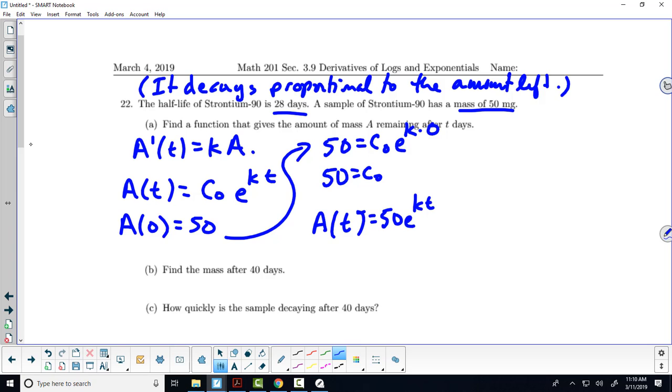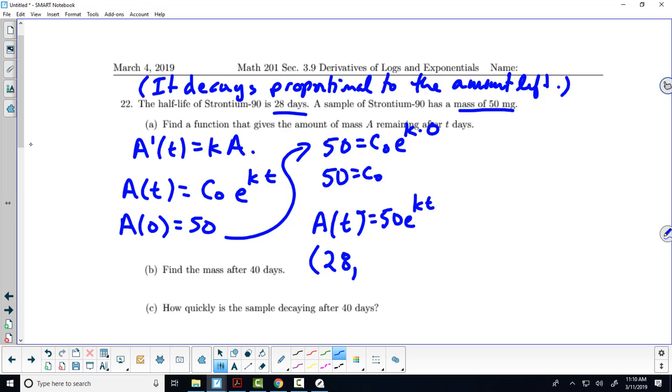Is this a workable function? Can I actually use this function? No, why not? I don't know what the constant k is, right? So I need one other piece of information. Well, I know that after 28 days, how much should be left? 25 milligrams.